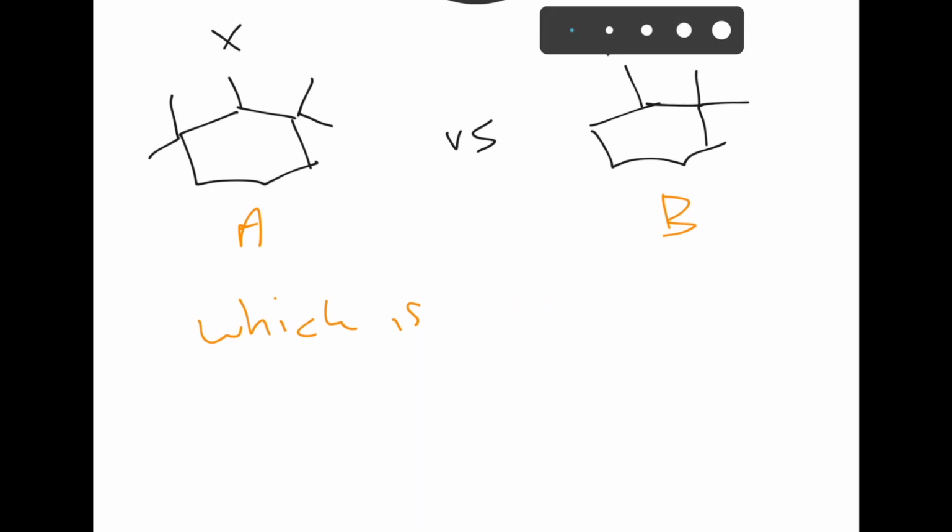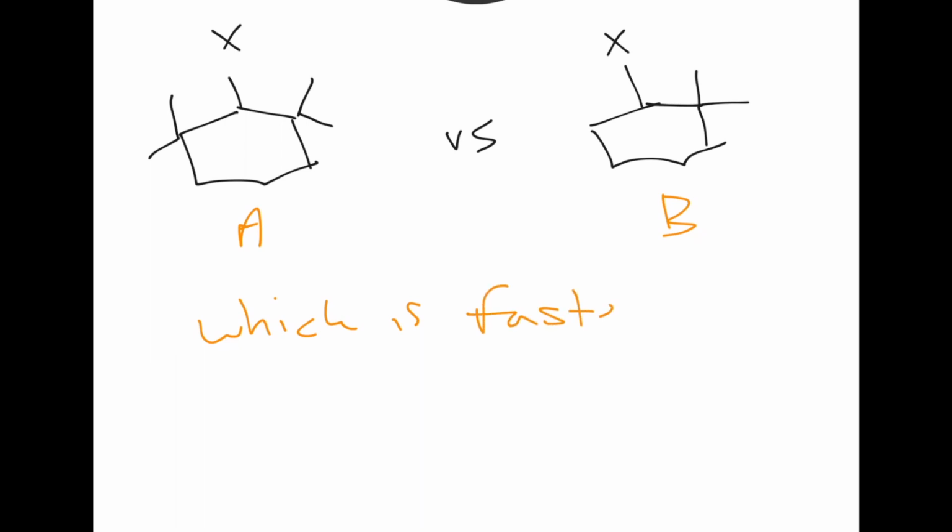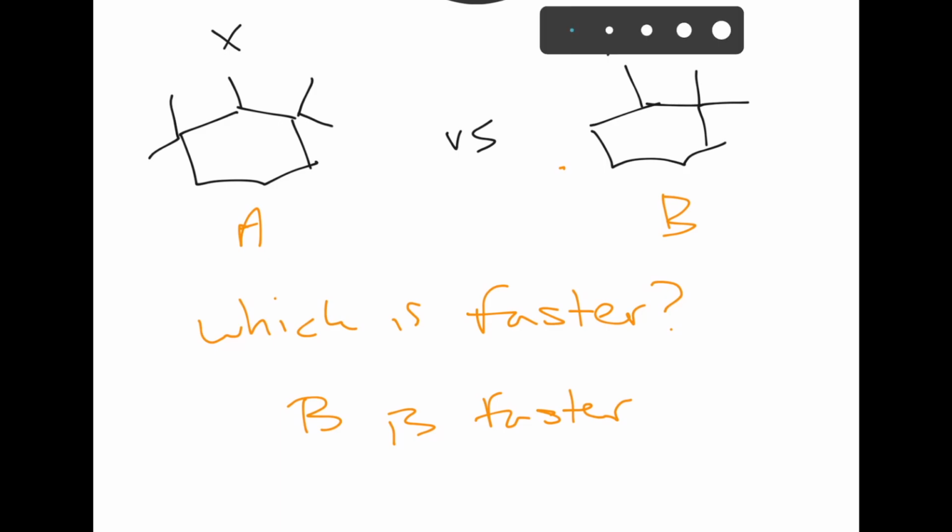There we go. To make words. B would be faster. Right? It's easier to get to, again, the carbon that has your halide, right? It's easier to get to this carbon. And B, because it only has 2 methyl groups beside it, as opposed to in A where you have 4 methyl groups.